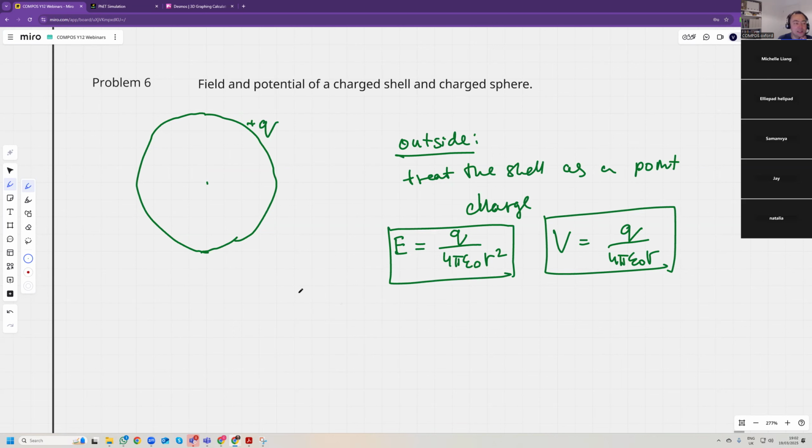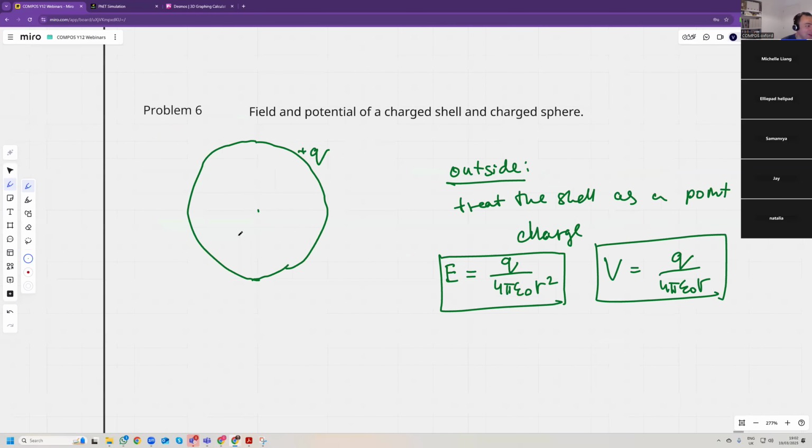But inside is much more fun. Gauss's law, which you've studied in the previous assignment, says that the electric field inside a shell is 0, because all the electric fields from all the charges cancel each other out since it is a vector. But we know that the electric field is defined as the rate of change of the potential with respect to the distance.